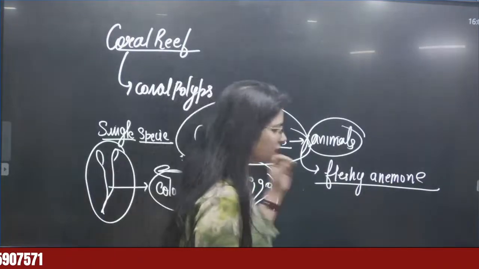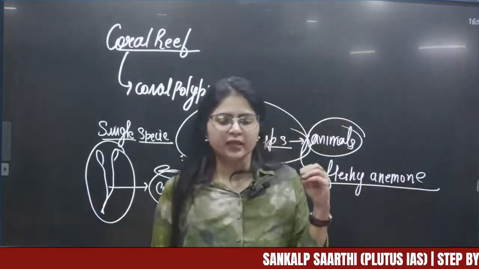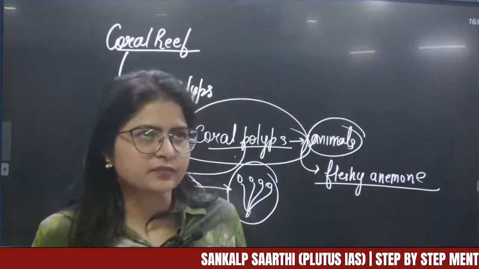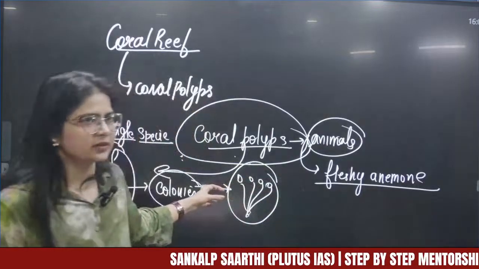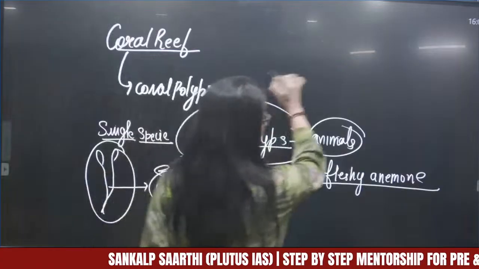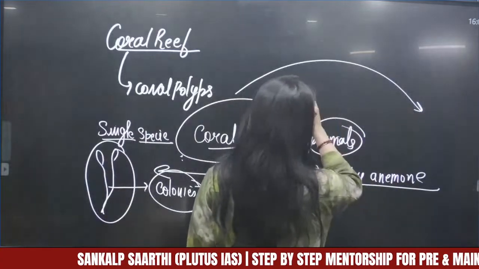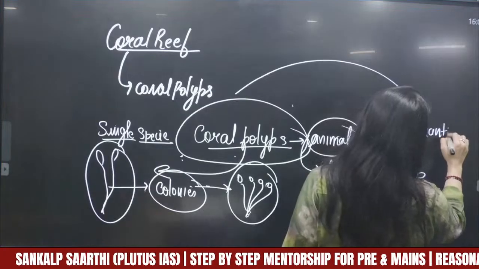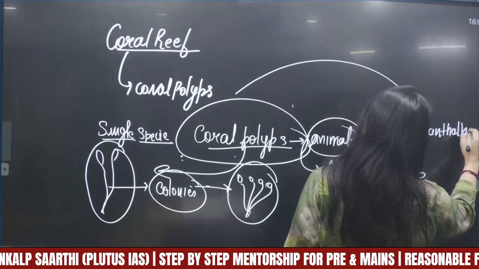These colors that have been given to them are because of another microorganism which is associated with them, that we call zooxanthellae. Okay, so the coral polyp cannot exist without zooxanthellae. And why did I say so?